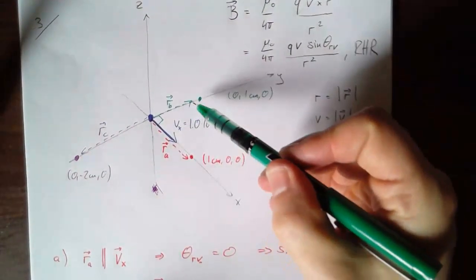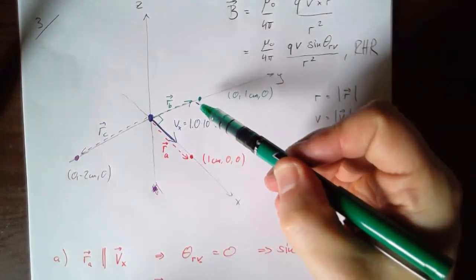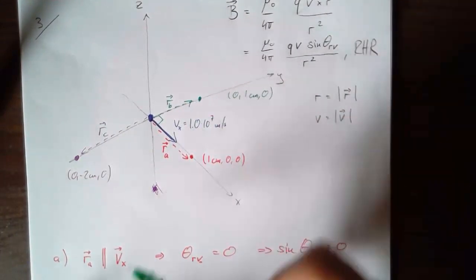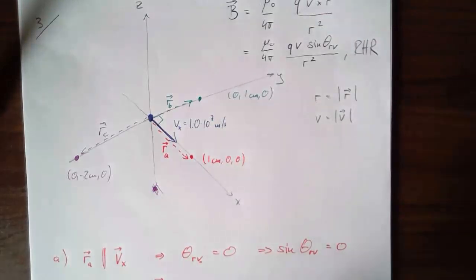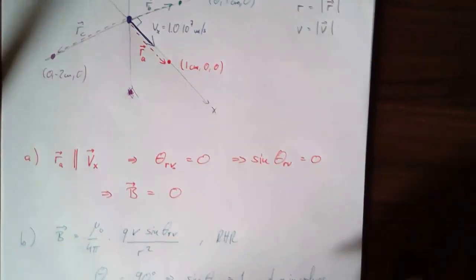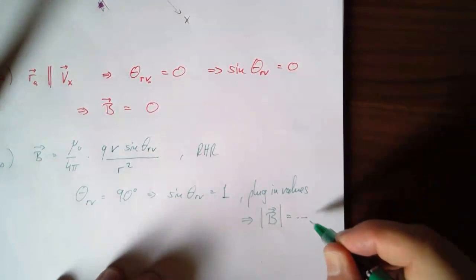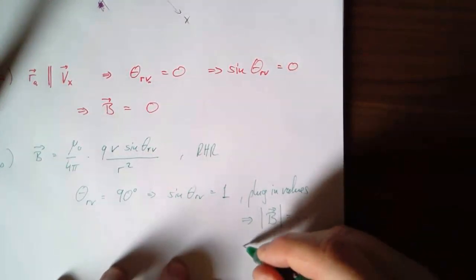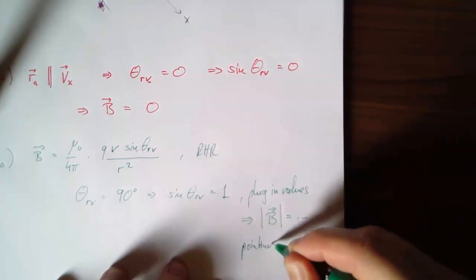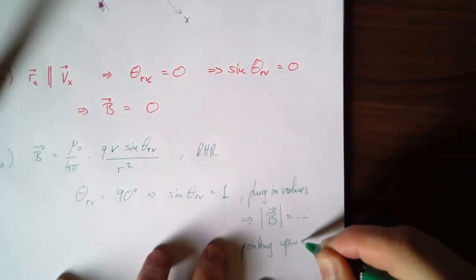So the field over here is upwards. So the answer is here: B is, you work out the numbers, pointing upwards.